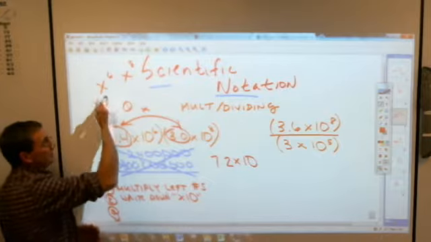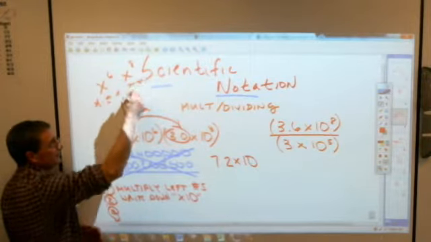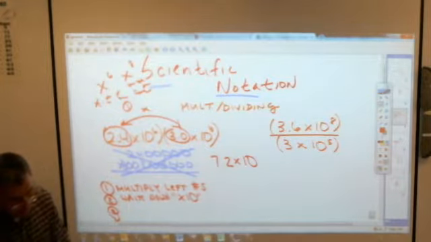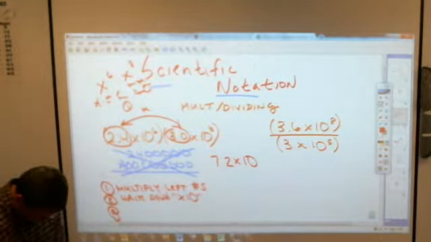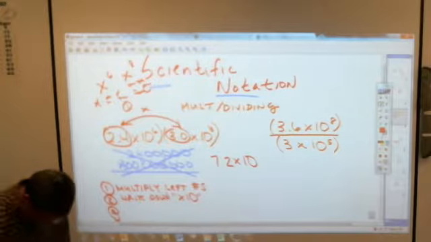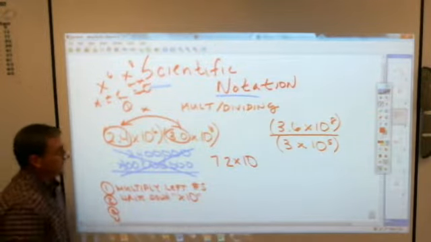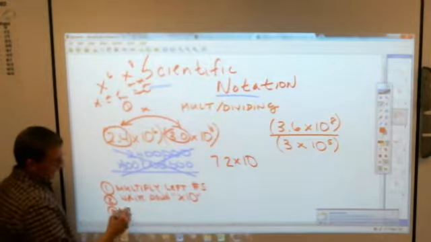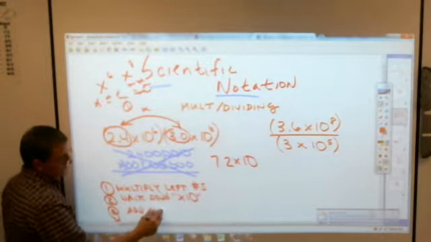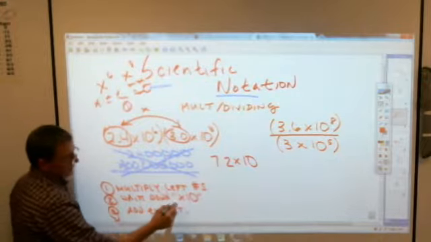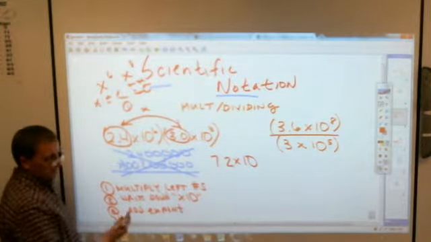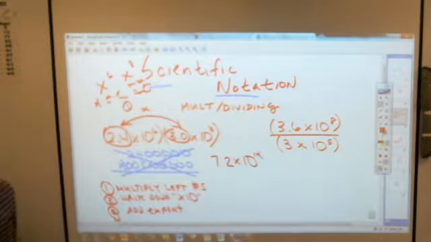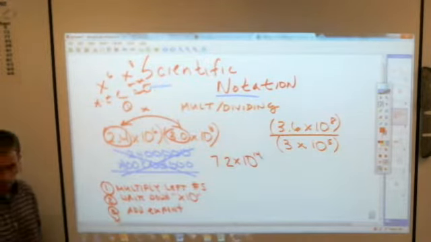If I have 6 x's times themselves and I put 8 more x's times themselves, what am I going to get, Chase? 14. Yeah, you add exponents. So step number 3 is add the exponents together, because that's what happens when you multiply bases that have exponents. This becomes 10 to the 14th power. How hard is that, Caleb Fisher?